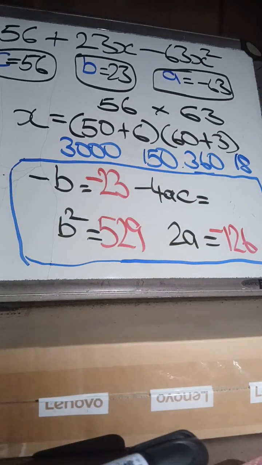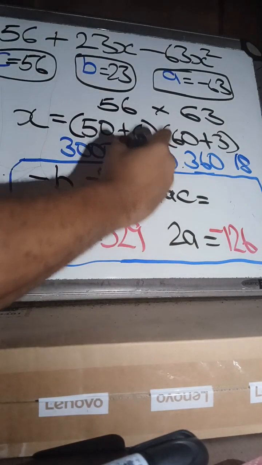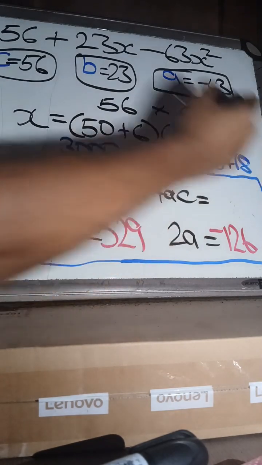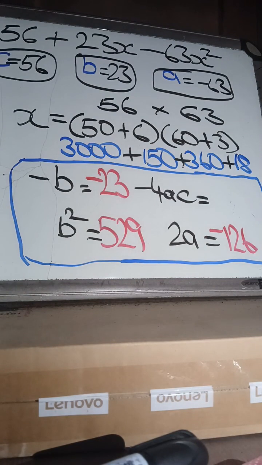So now we add up all of that, and we have an answer. That looks like 510 plus 18, so 528. So 3,528. Oh, wait.